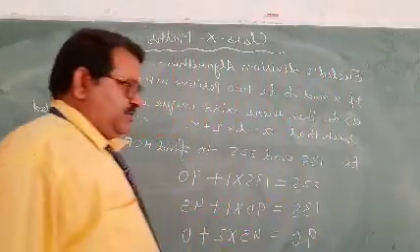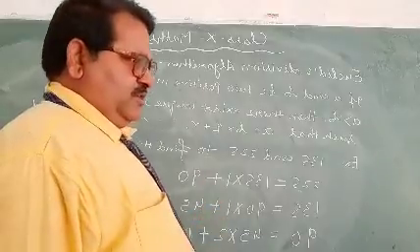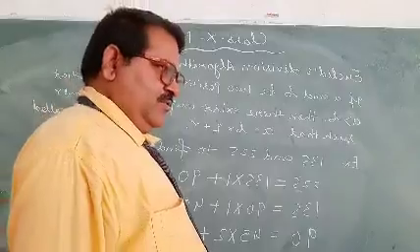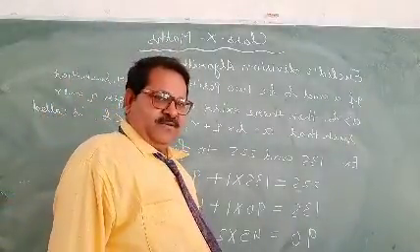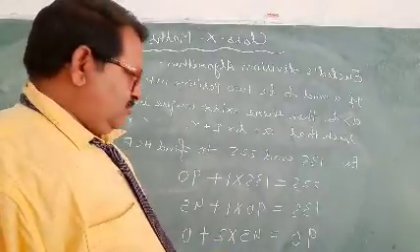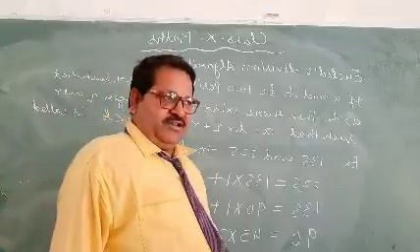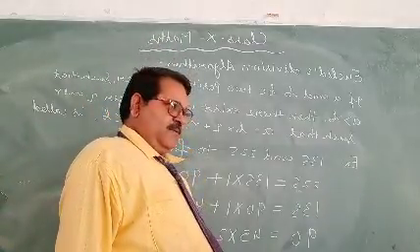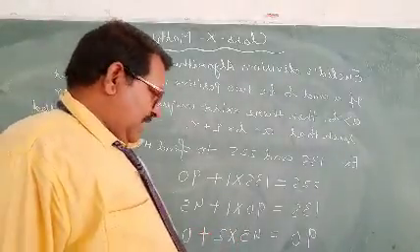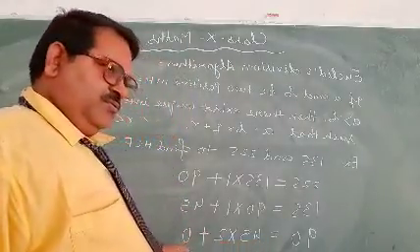This is the working process to find the HCF of two positive numbers with the help of the Euclid division algorithm. So 90 equals 45 into 2 plus 0.